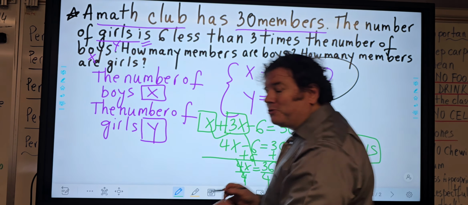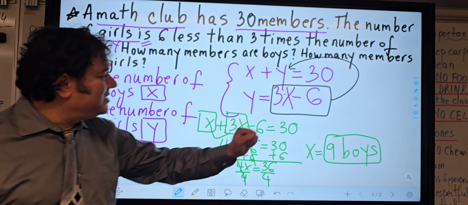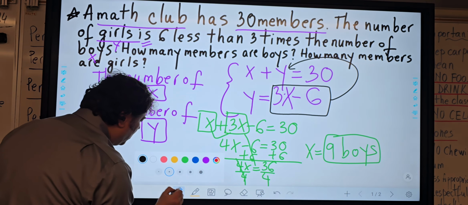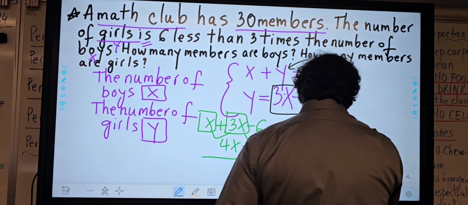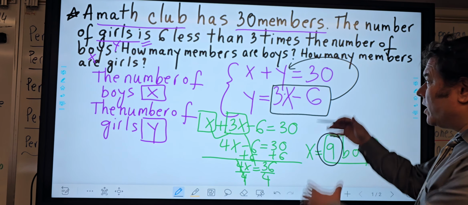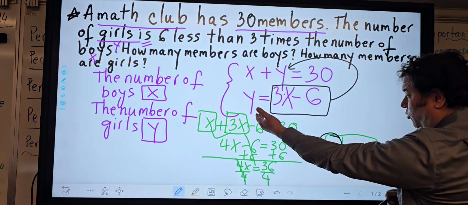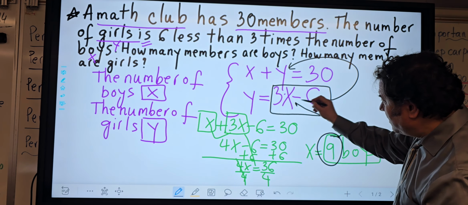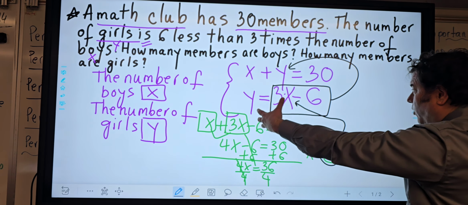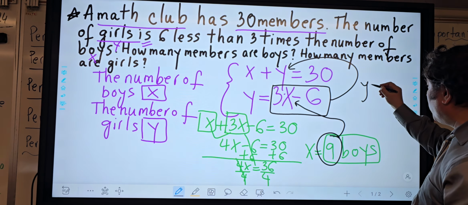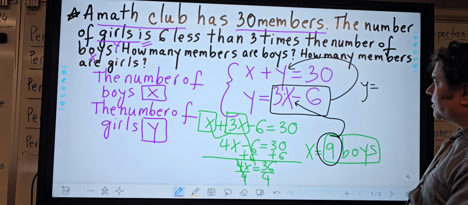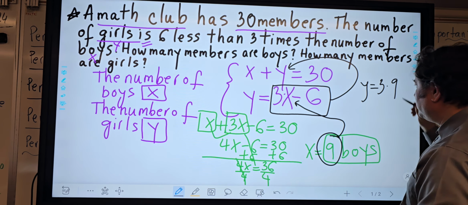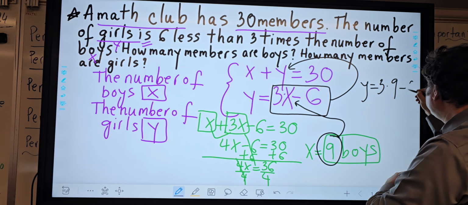And now what do we do to solve the system of equations for y? Remember now, we have to substitute this 9 into one of the original equations to solve for y, right? So now let's plug this 9 into this x here at the bottom equation, and now let's solve for y. So we have y equals 3 times, instead of x we put 9, minus 6.